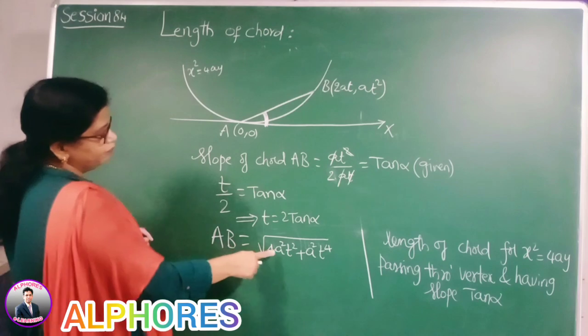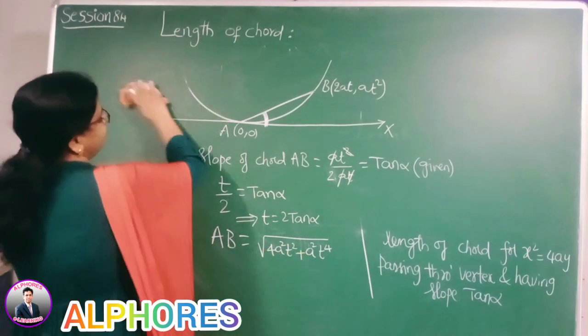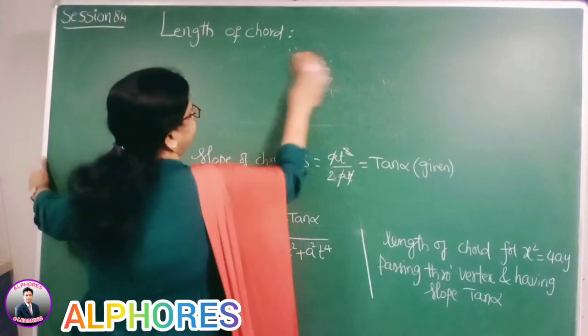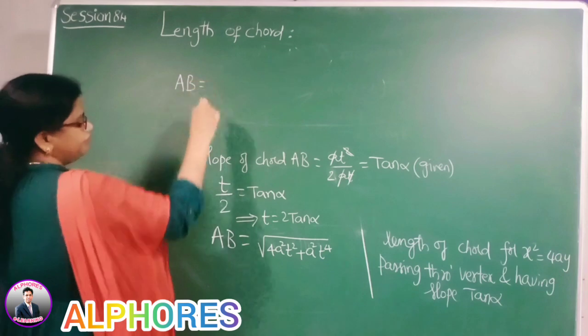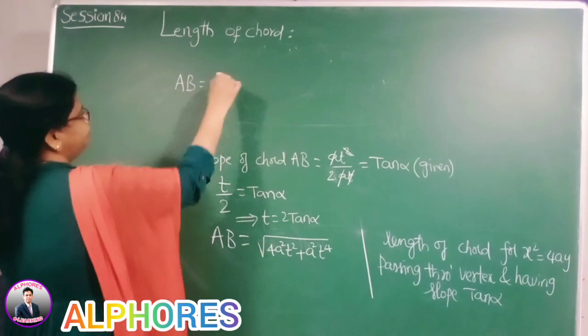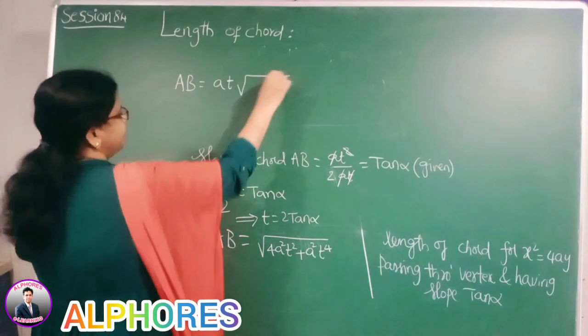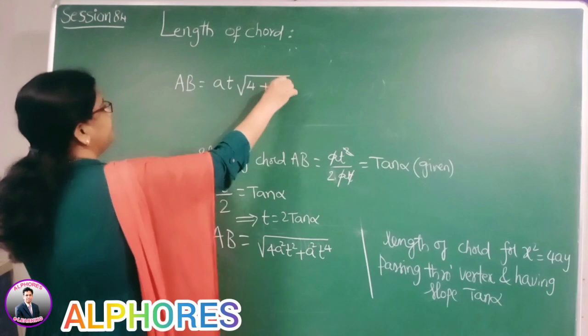Before that, let us take a square t square common, just like our previous problem. So AB is equal to a into t, and under root of 4 plus a t square, just like our previous one.